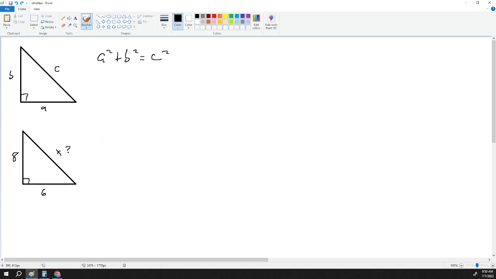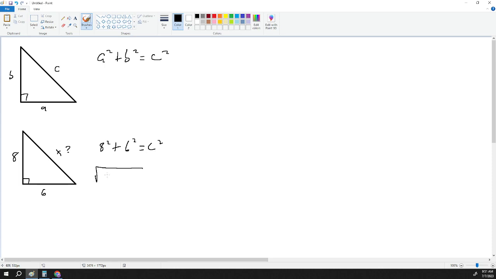So we have 8 squared plus 6 squared is equal to c squared. And don't forget, we square root both sides, so we leave c in just one side.